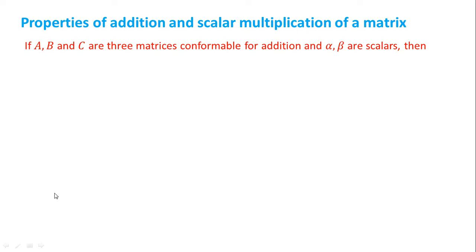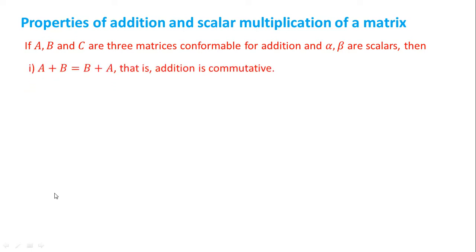And suppose alpha and beta are scalars, just like K. To discuss the properties of addition and scalar multiplication of a matrix, we have considered A, B, C as three matrices and alpha, beta as scalars.